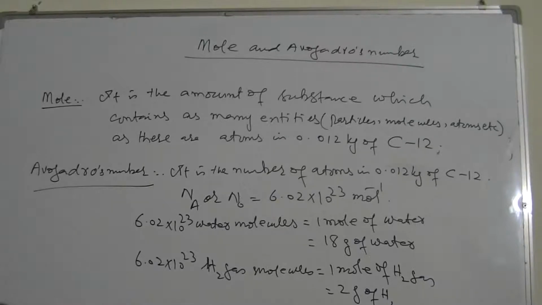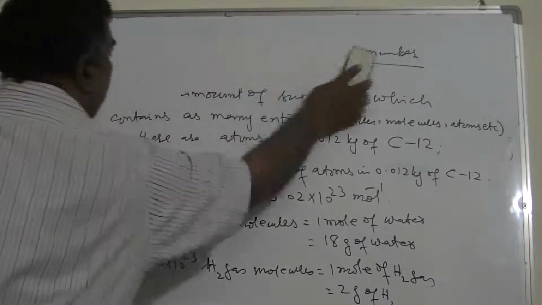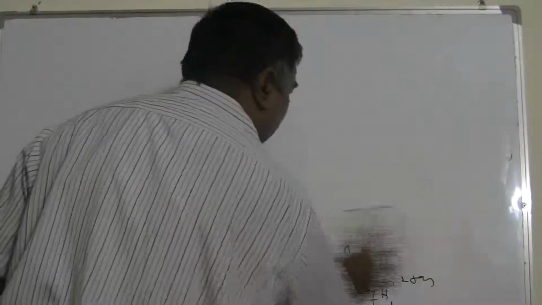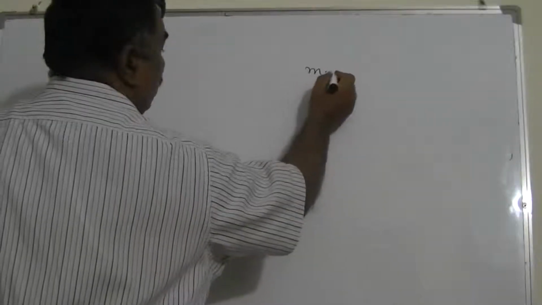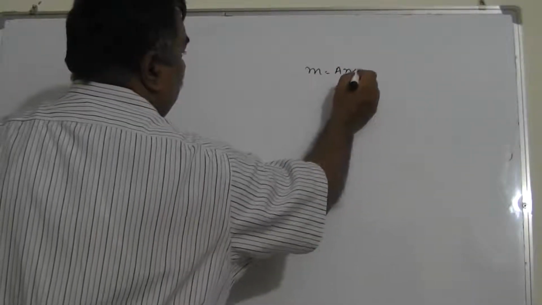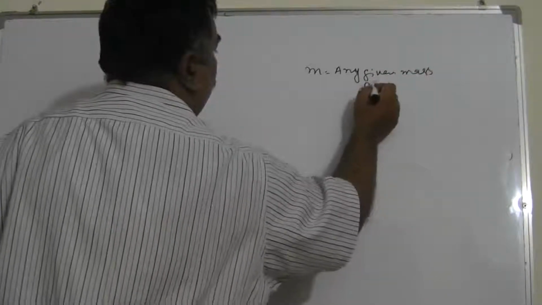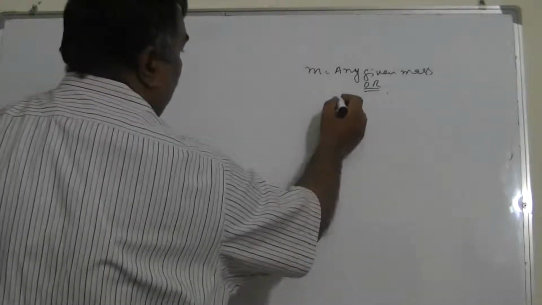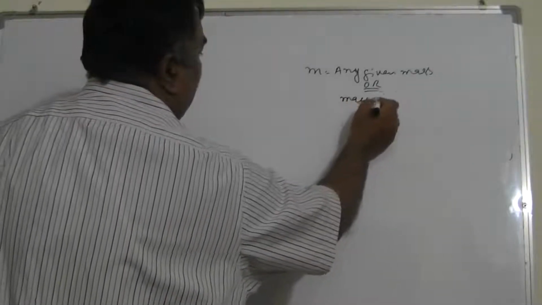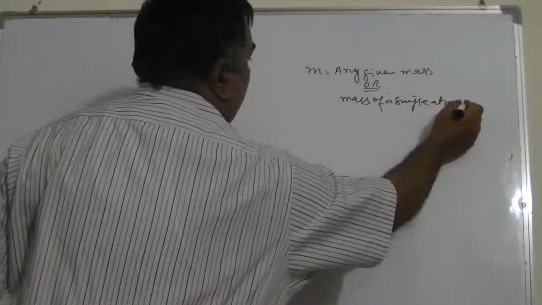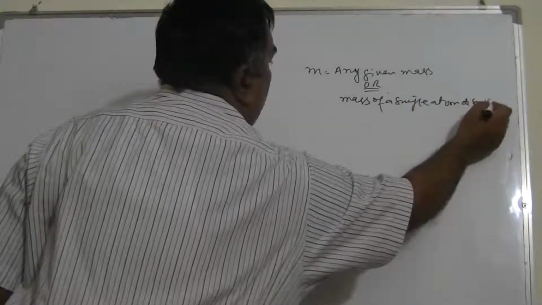And how do we do calculations with the mole? Let's look at the notations. The first notation is small m. It is used for any given mass, or it is also used for the mass of a single atom or single molecule.